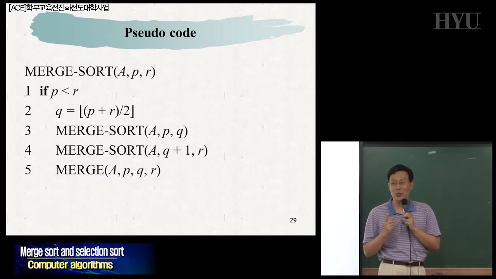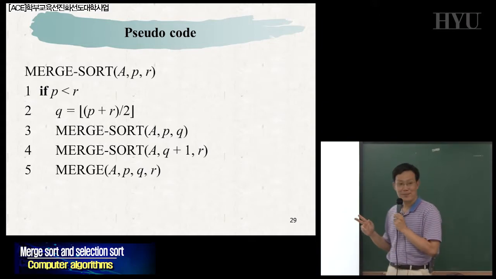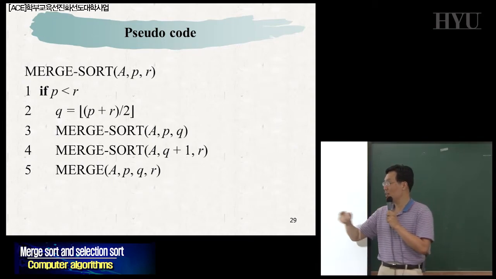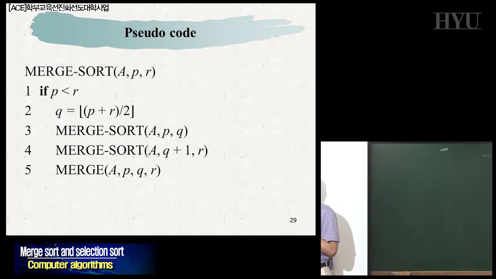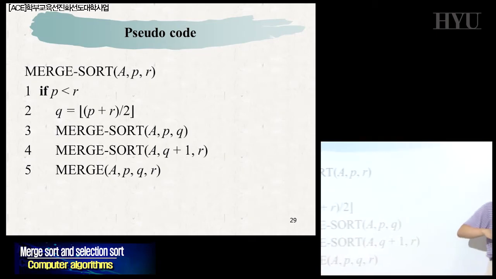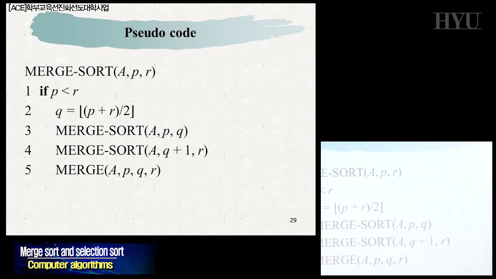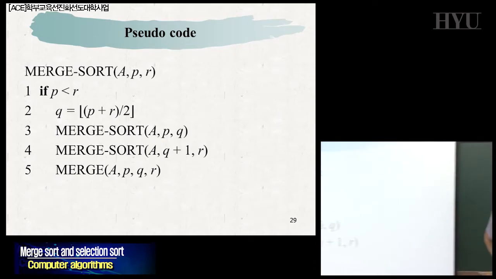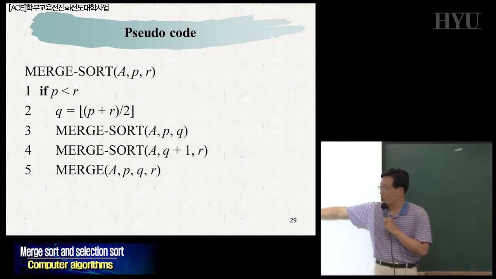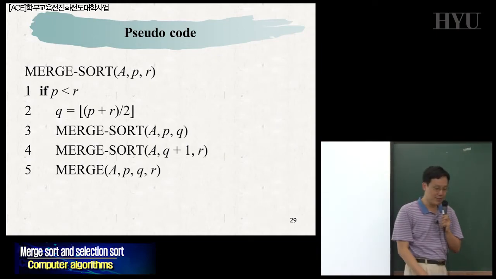So that's the only one case. It cannot be negative. Okay? So if there is only one key, the other lines are skipped and returned. Okay, then if the length is 2 or more, we perform the other lines.